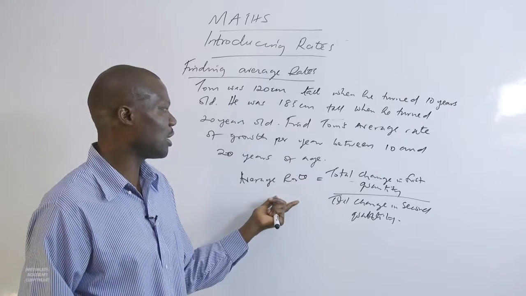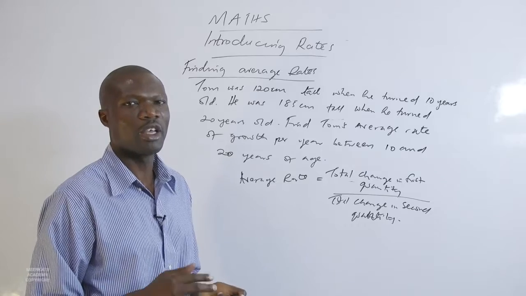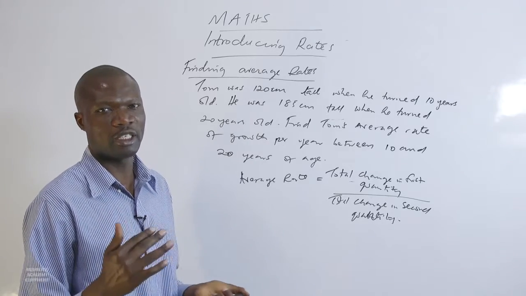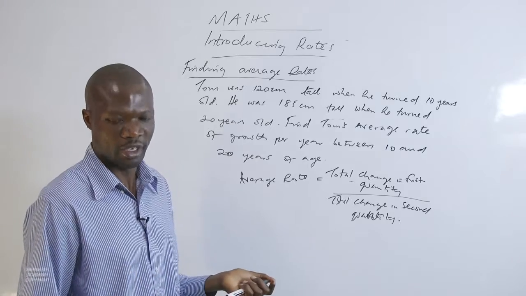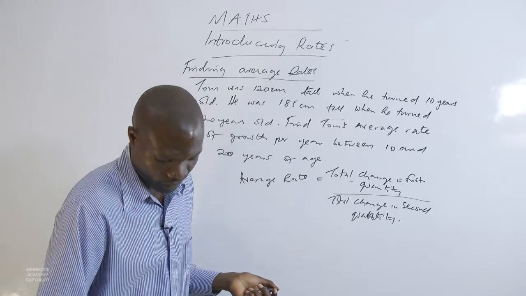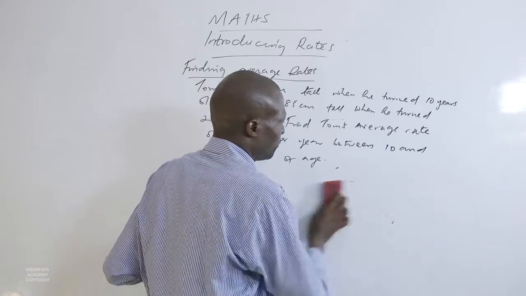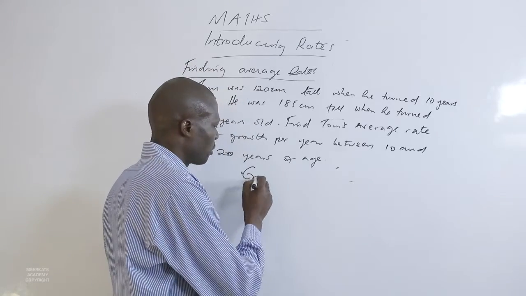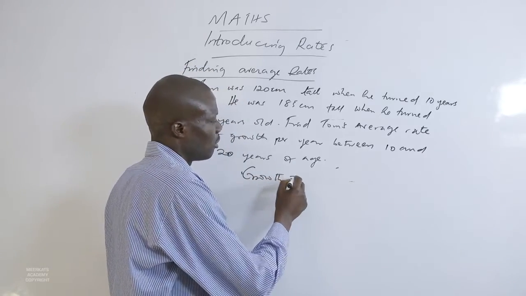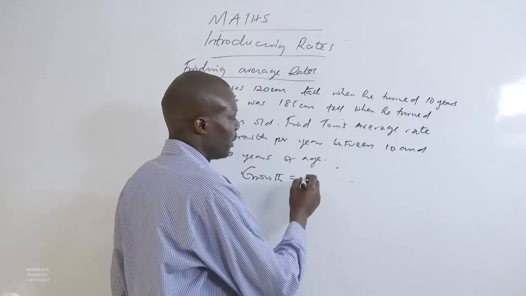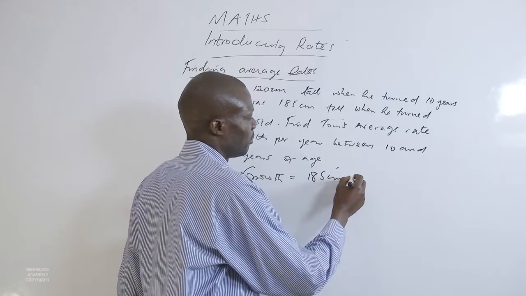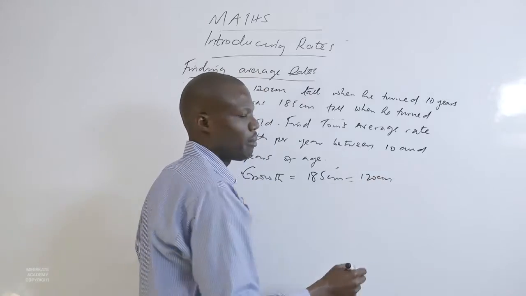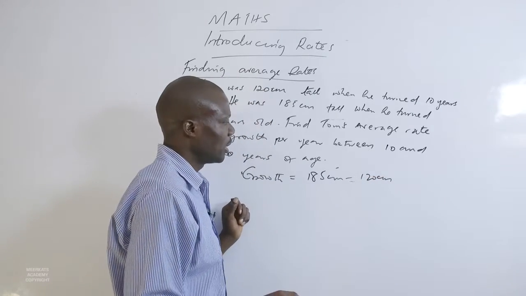So the change in this case we are looking for is the growth. How far he grew between 10 years and 20 years. We first find the growth, which will be 185 minus 120 centimeters.